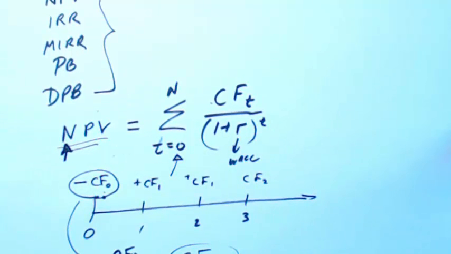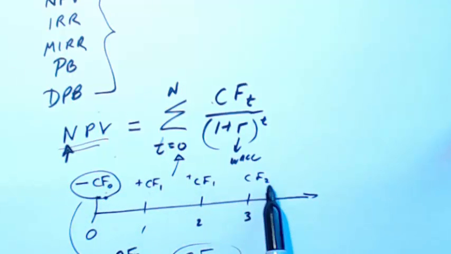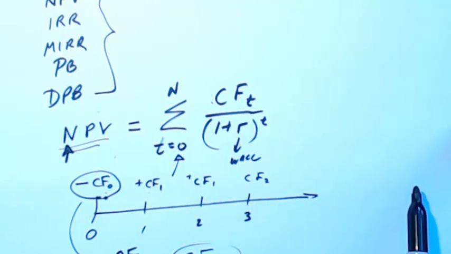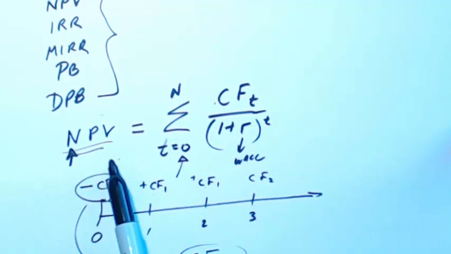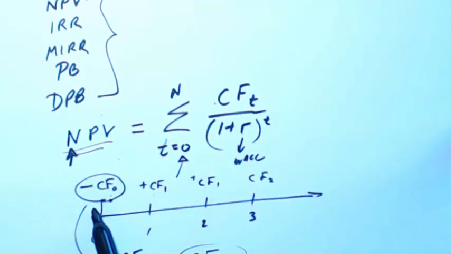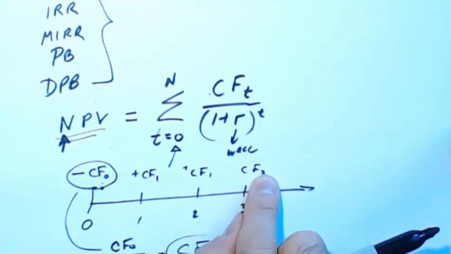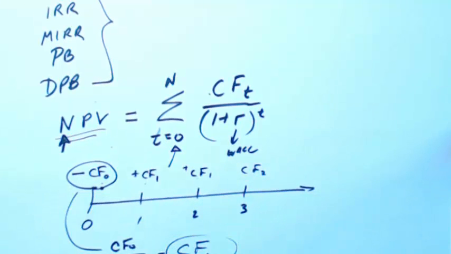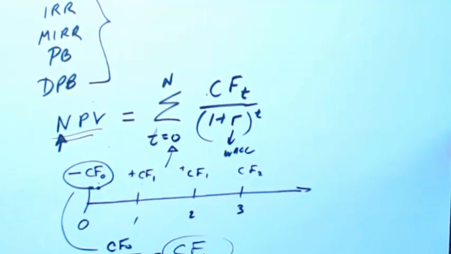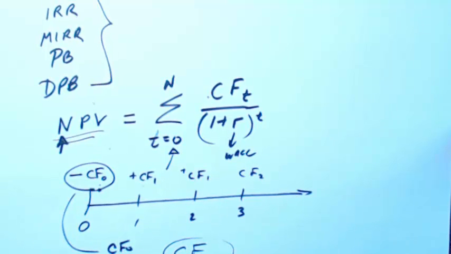So this is a rule for capital budgeting. We're going to invest in a project that will cost this much money, and it will generate these cash flows out in time. If the net present value of this project is positive, it means that the present value of these cash flows is greater than the cost, which means you have a valuable project that's going to add to the value of the firm and increase shareholder wealth.